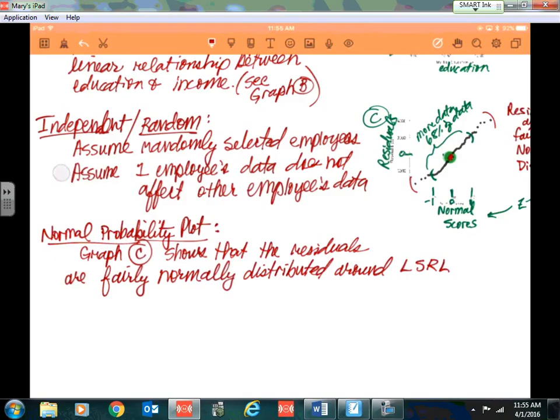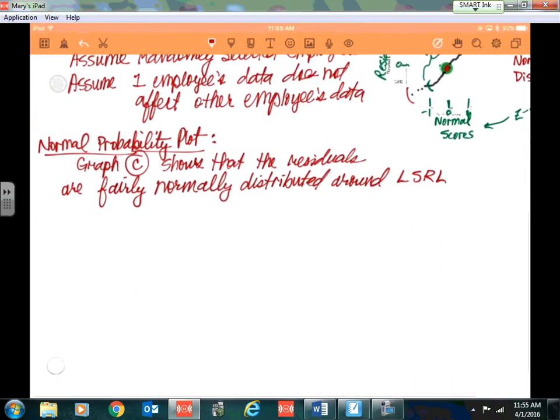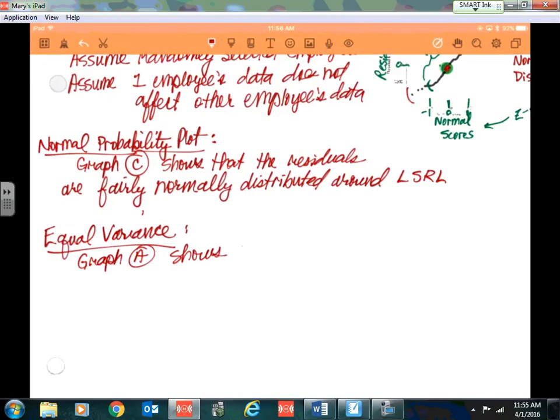Okay, and we're almost done. What is the last one? Okay, equal variance. Good. And so graph A shows that the residuals are equally distributed, okay?